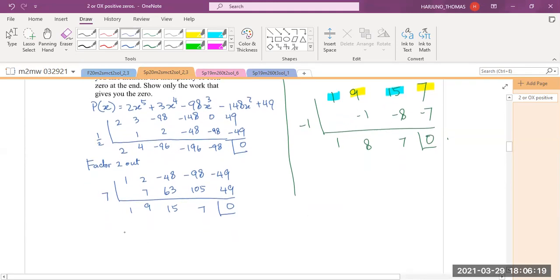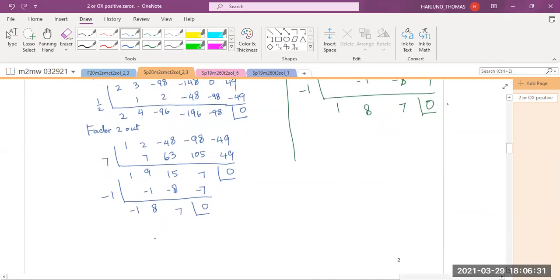Let me just continue directly from here, -1. Okay, but this is already degree 2. I'm sorry, this is +1 here. So this is degree 2. This is 2x squared plus 8x plus 7, which factors to be x plus 7, x plus 1.